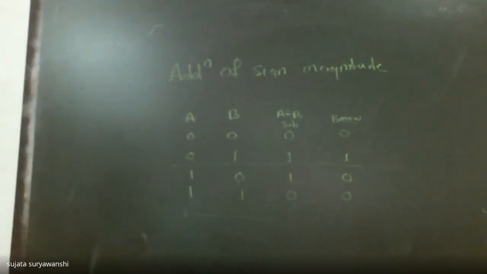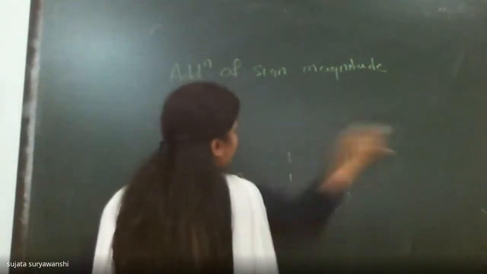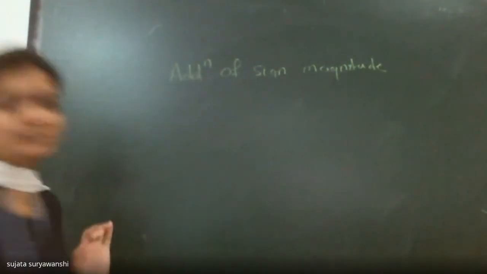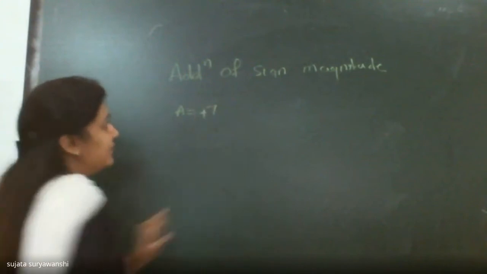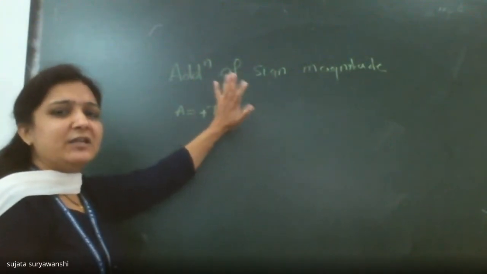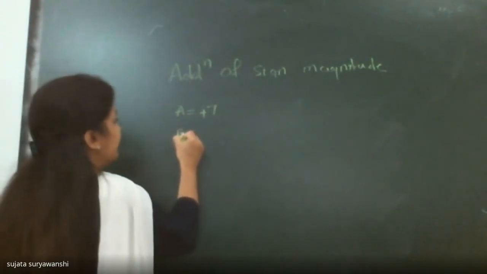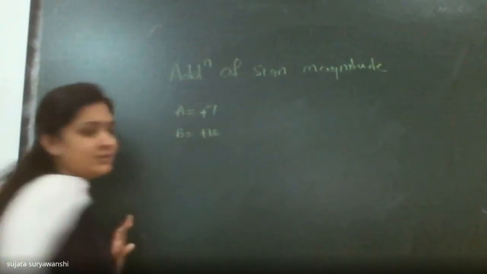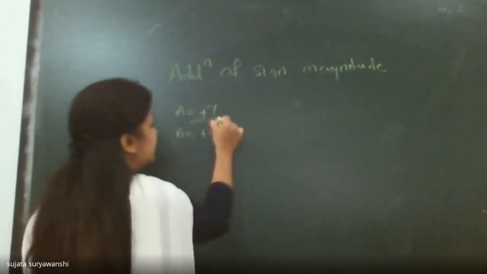Now we'll see the addition of sign magnitude. Suppose we take one example here. A is equal to plus 7. Sign magnitude means your number should have a sign, whether plus or minus. So A is equal to 7 and B is equal to plus 12. Suppose both numbers are positive, then how will you represent this 7?